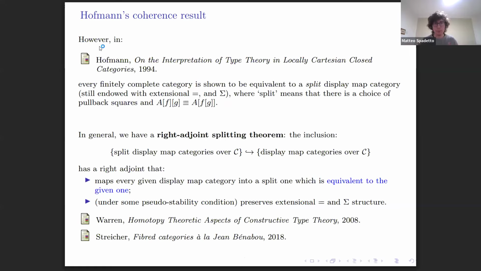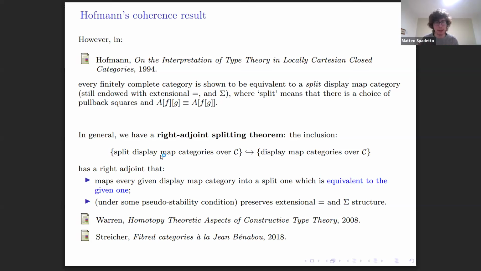This result, so this mapping from a display map category to a split display map category, well, let's say from a finitely complete category to a split display map category. So again, when I say split, I mean a genuine model.